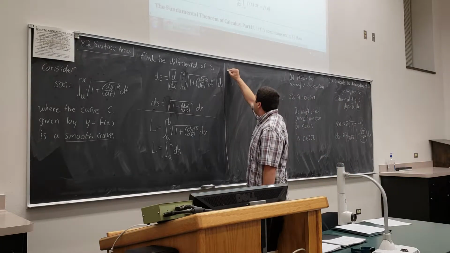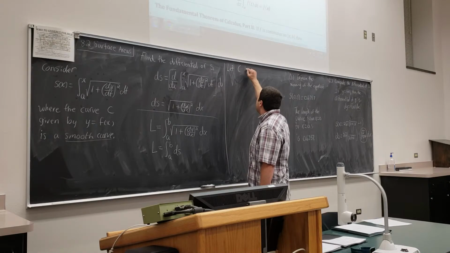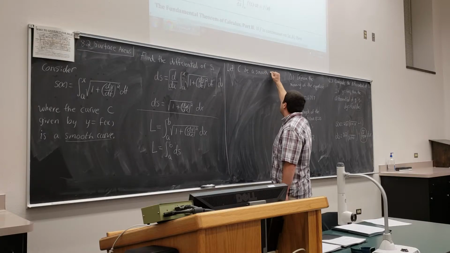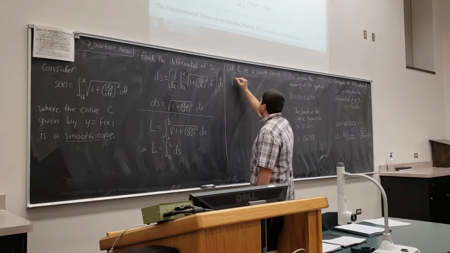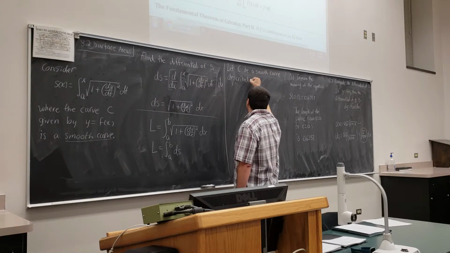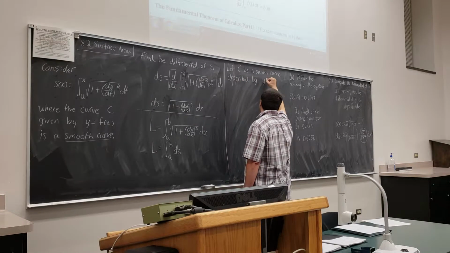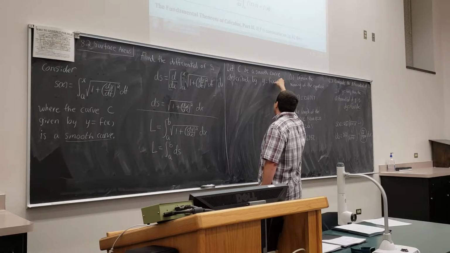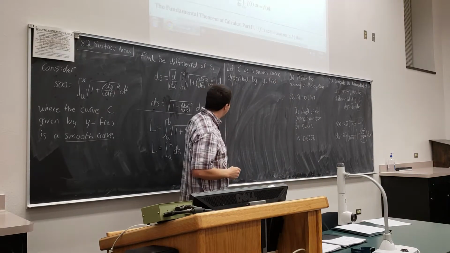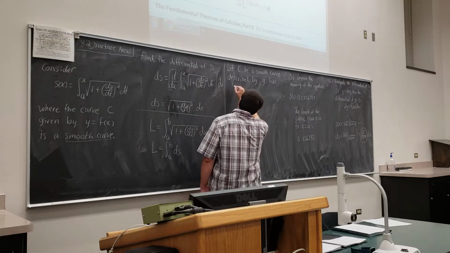We'll let C be a smooth curve, once again, described by the equation y is equal to f of x. This being a smooth curve means the function f has a derivative f prime, which is continuous.